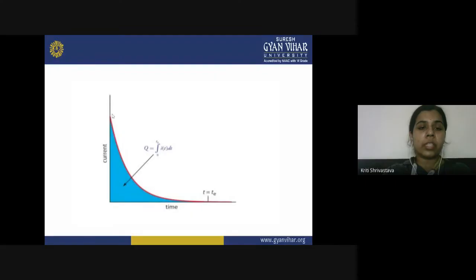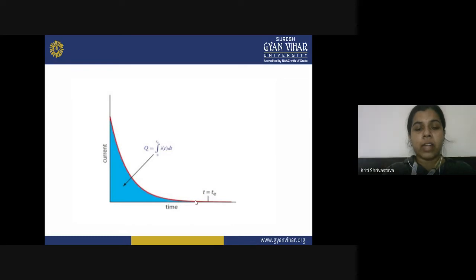So here you can see at time 0, when the concentration of analyte was really high, you get a very high value of current in the initial position. But when the electrolysis proceeds, the amount of current actually decreases. And when the amount of current is decreasing, you can say that the amount of analyte is also decreasing.